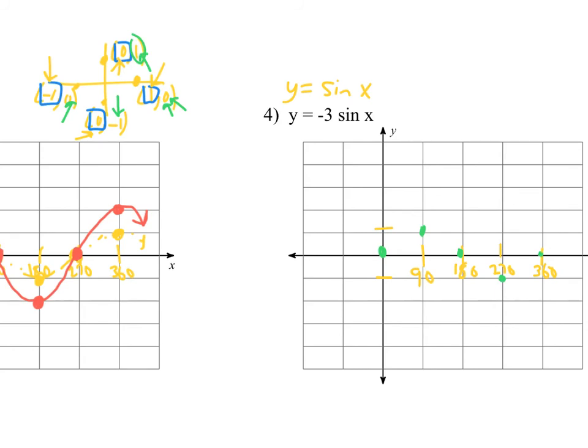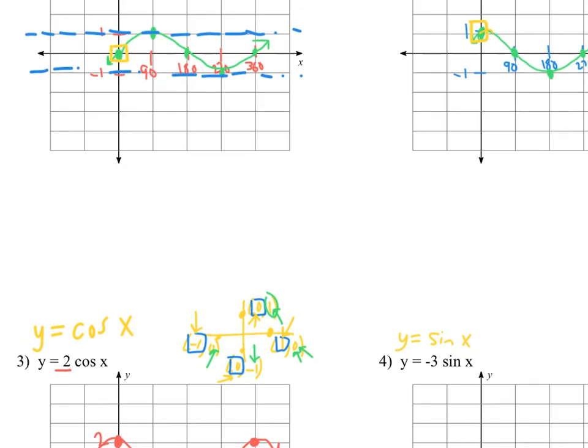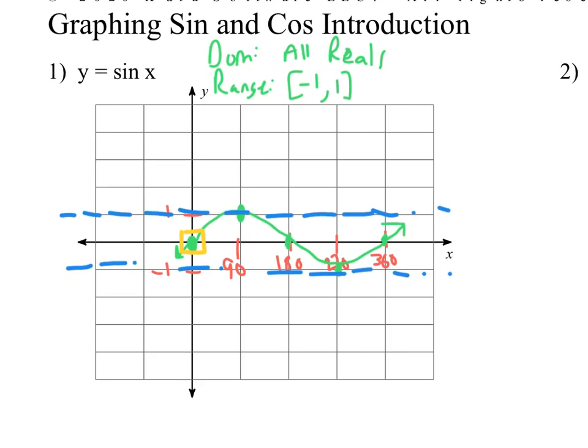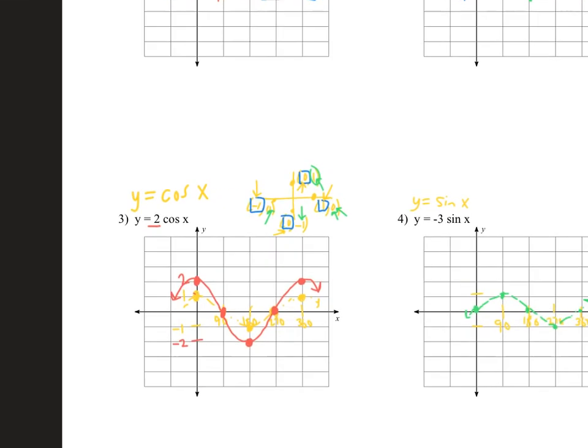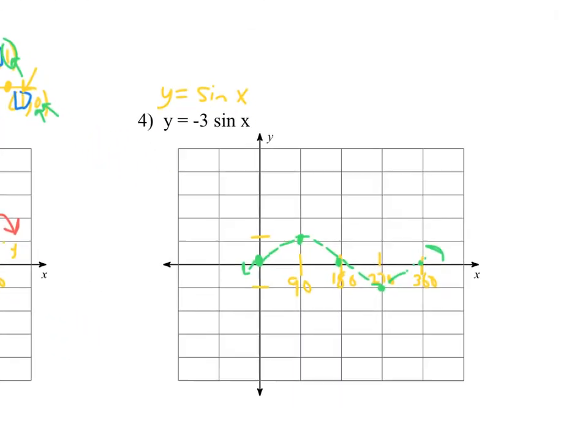So the parent function looks like this. Sorry for the sound effects. All right, so that's sine of x, and that's exactly what we just did over here. You'll get real familiar with those. At first it seems kind of weird, but again, everything's just based on the coordinates of this circle. All right, so that's sine of x.